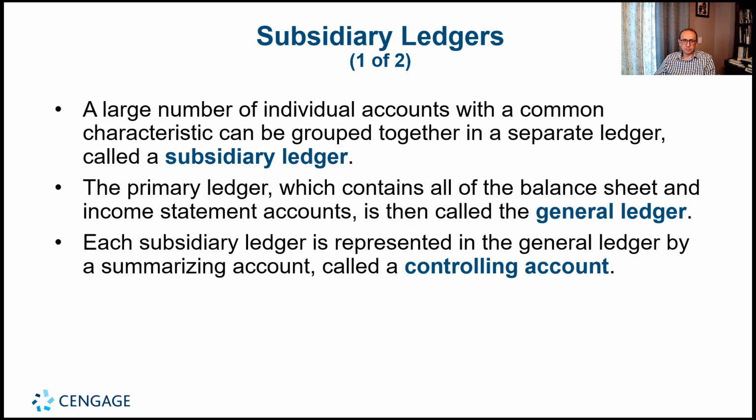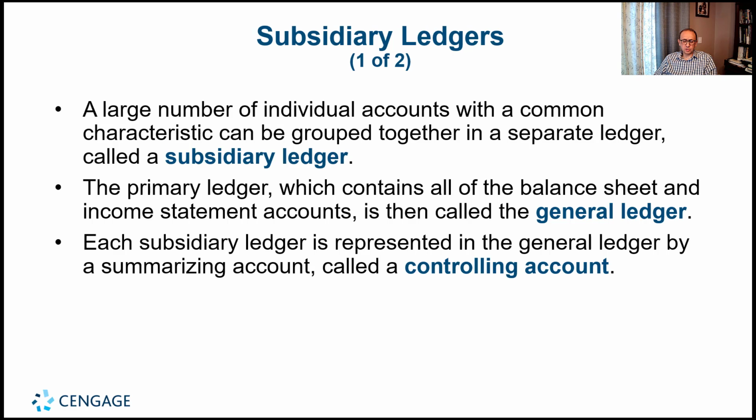So we sum them in the subsidiary ledger, and then their total is taken directly to the general ledger. As it says here, a large number of individual accounts with a common characteristic can be grouped together in a separate ledger, which we call the subsidiary ledger. The primary ledger, which contains all of the balance sheet and income statement accounts, is then called the general ledger.